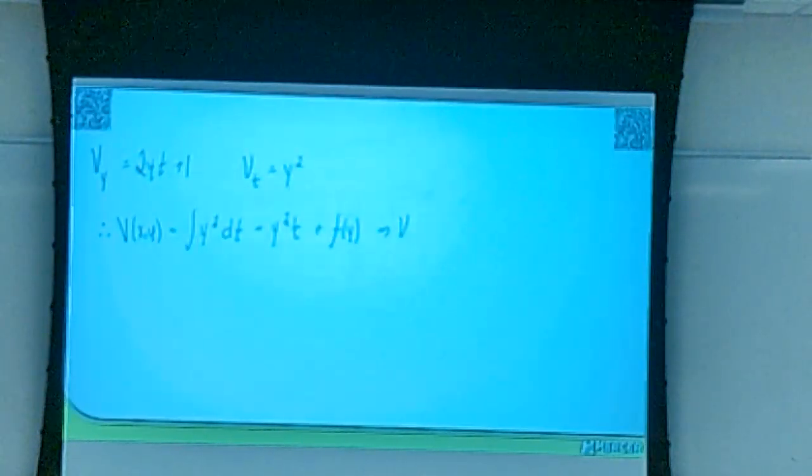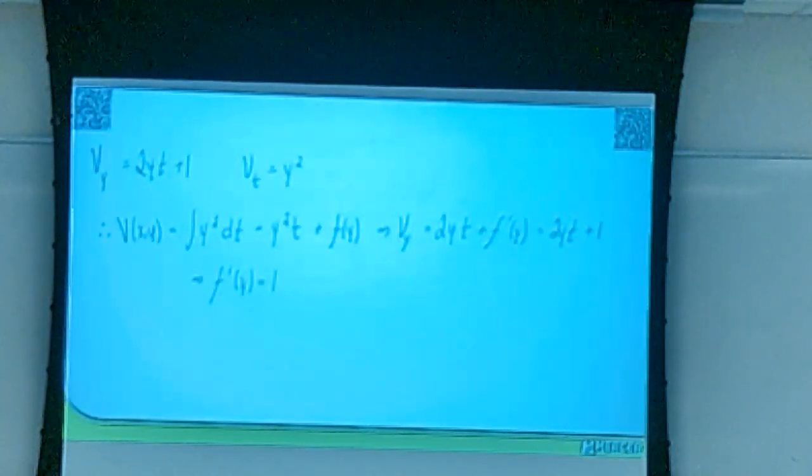Now we take that with respect to y, which is what? 2yt plus f prime of y. That's equal to 2yt plus 1. That means f prime of y is what?